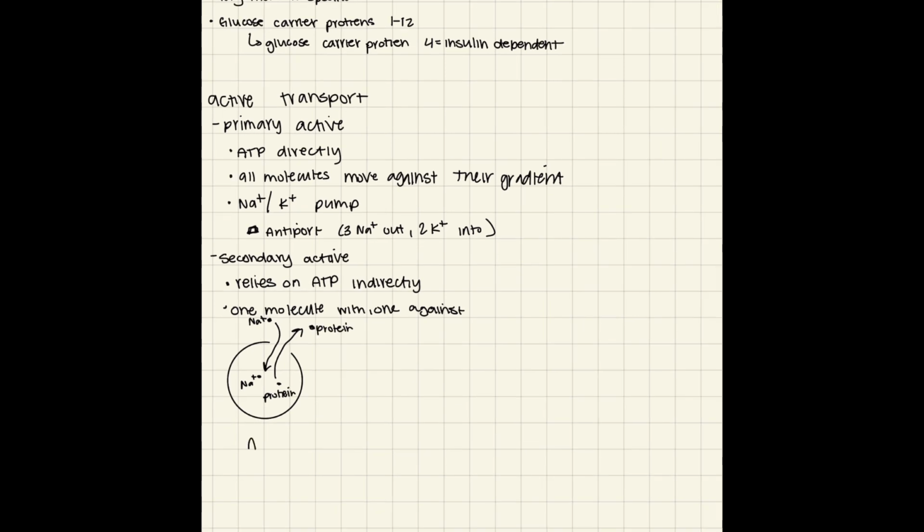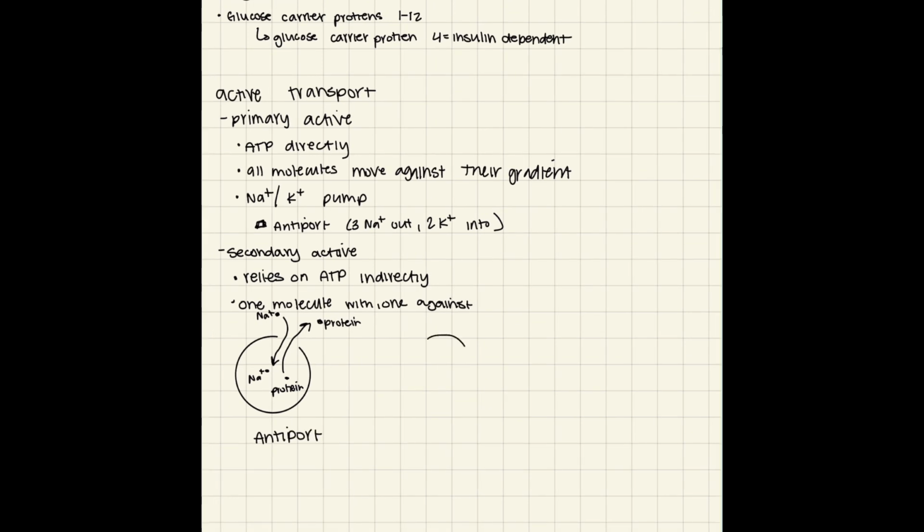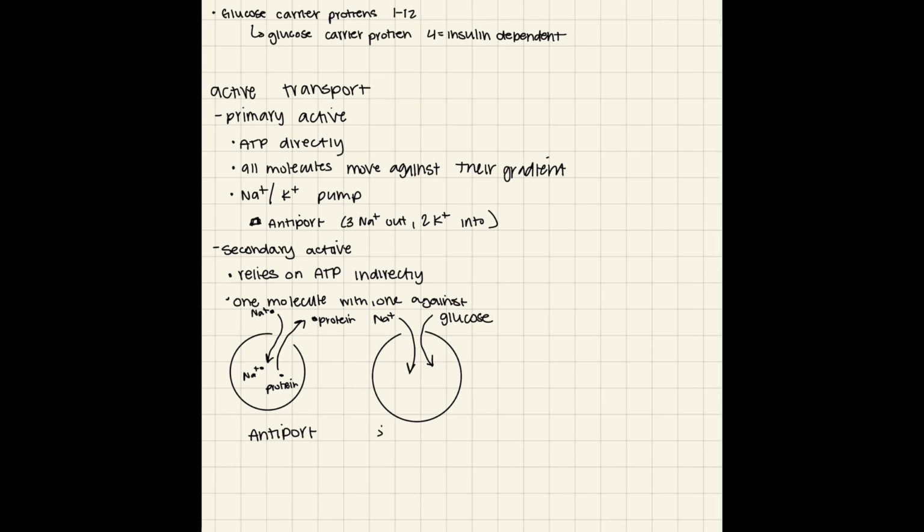This is another example of an antiport. And this could also happen with a symport, if they're both going the same direction. So if the sodium is going in and we're pumping glucose in as well, that is an example of a symport.